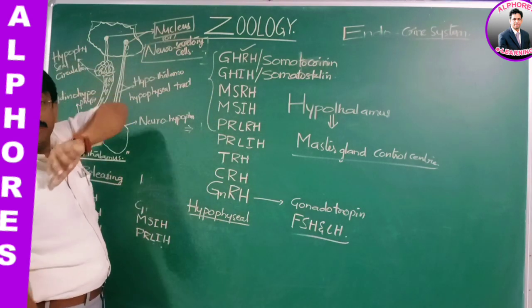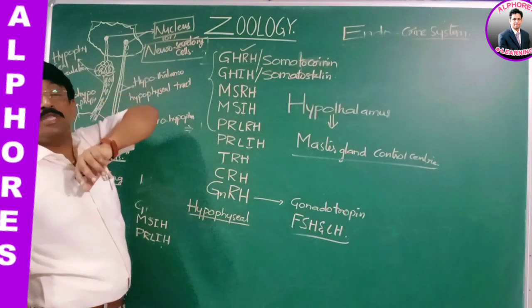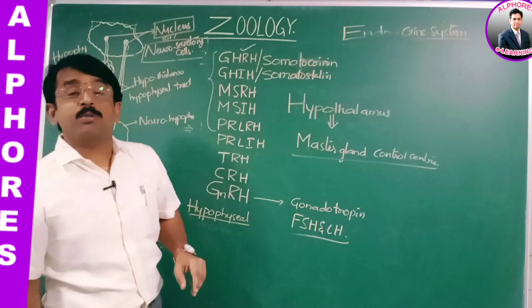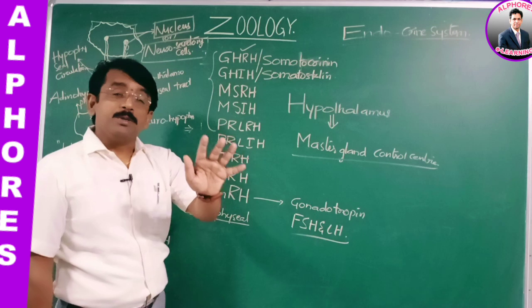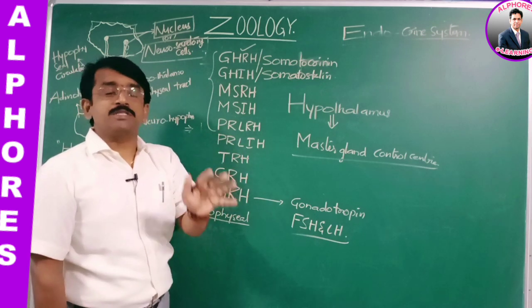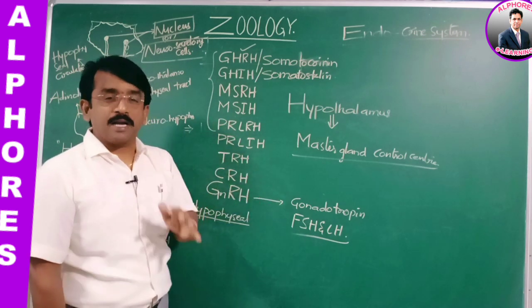Next, there are nuclei named the paraventricular nucleus and the supraoptic nucleus. Nucleus in the sense of neurosecretory cells.